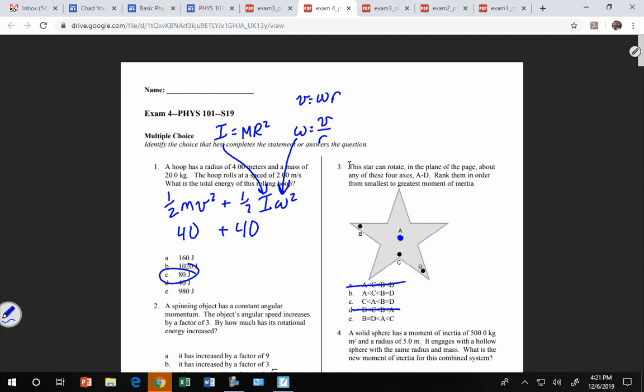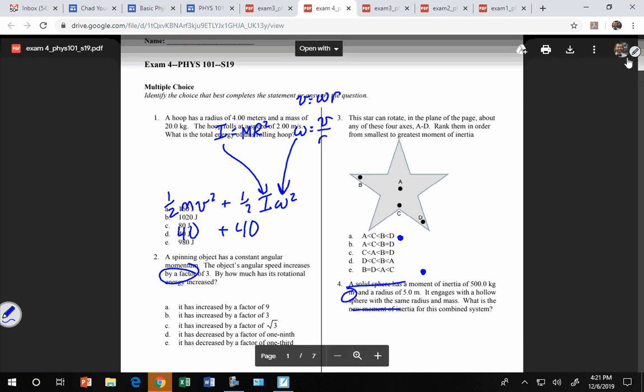So if I do that with A as the smallest, that means the answer has to be B. And D is the biggest moment of inertia because, look, from point D, that's as far away as I can get from the other side of the star. So that makes the moment of inertia biggest around point D. Okay? That would be like rotating about this point. That's really hard, right? You ever seen somebody rotate about this point? Yeah, you do, but you say, wow, because that's difficult. Okay.